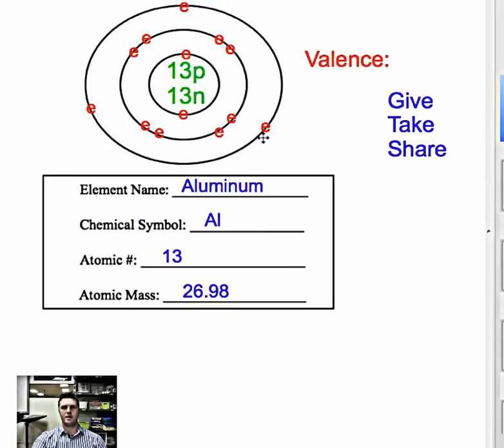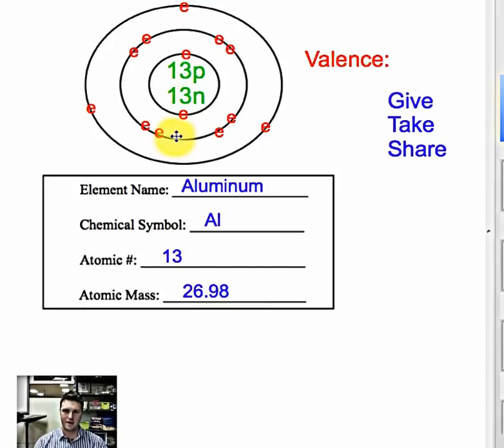So if we look here, we can add 5 to get 8, or we can lose this one, and this one, which would drop our valence down to the second energy level and give us 8 valence. Remember, we want to be full. The atom wants to be full.